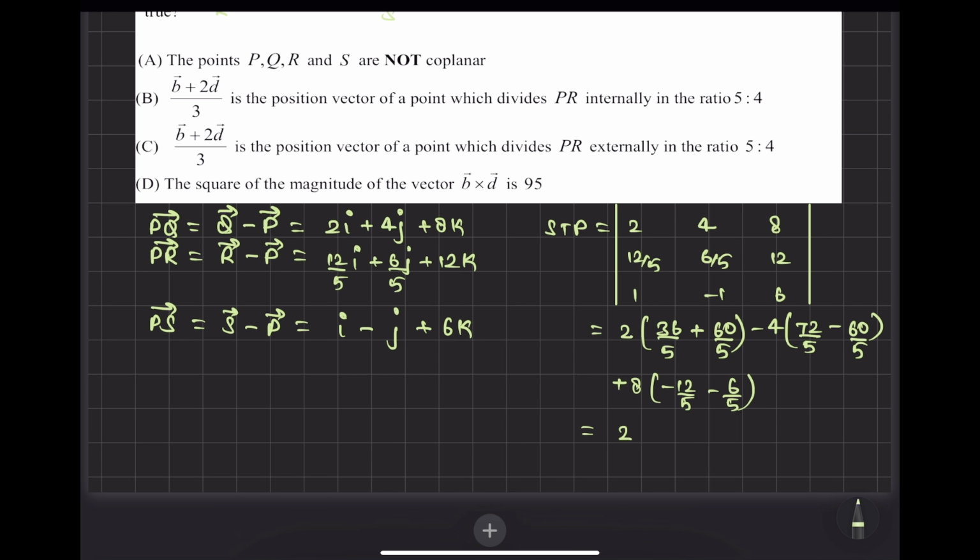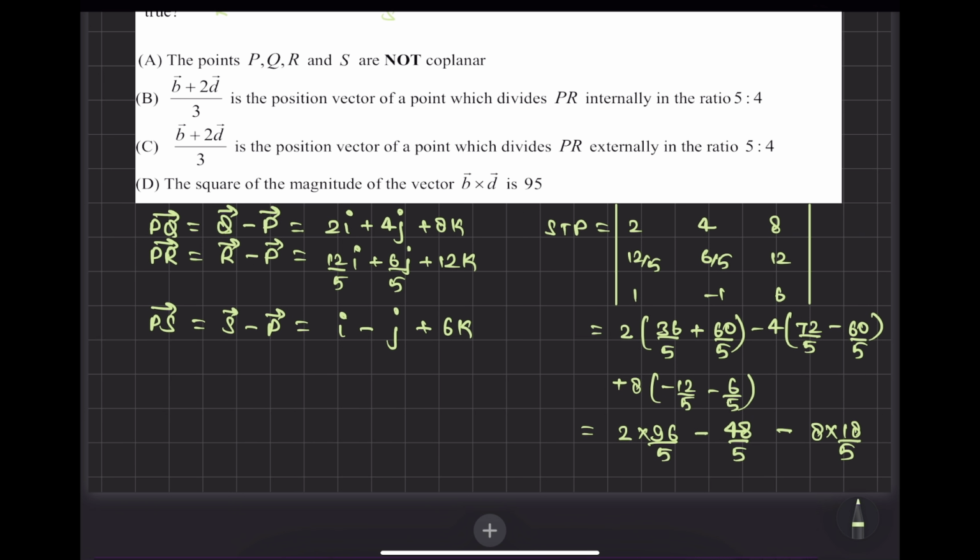Now 2 times 96 by 5, okay, minus 4 times 48 by 5, then plus 8 times 18 by 5.